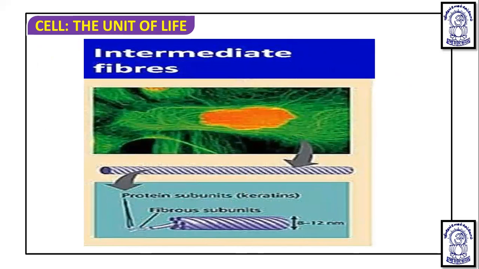And the third component of the cytoskeleton which I'm going to discuss is the intermediate filament.